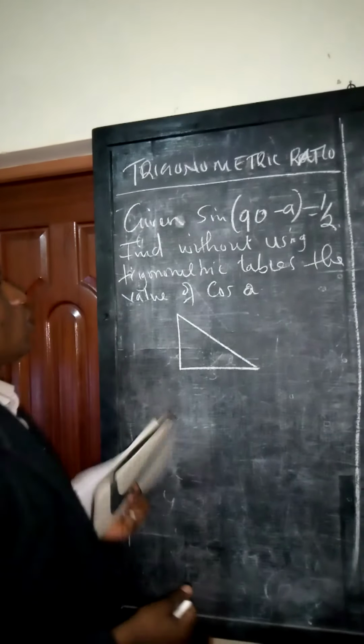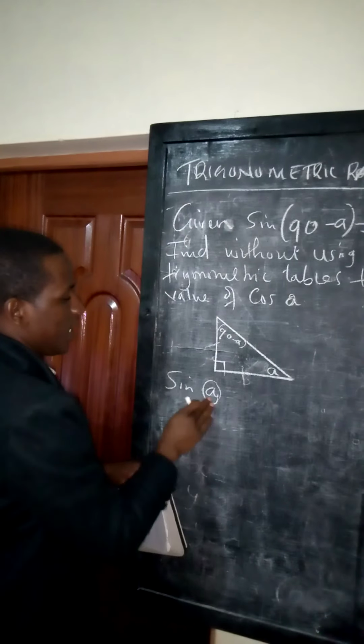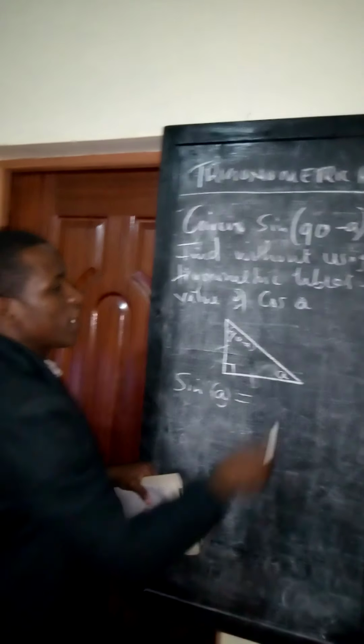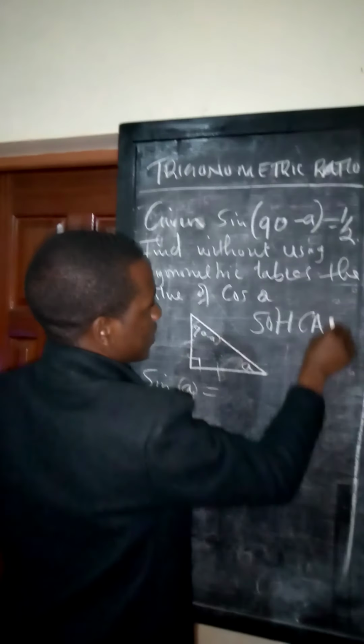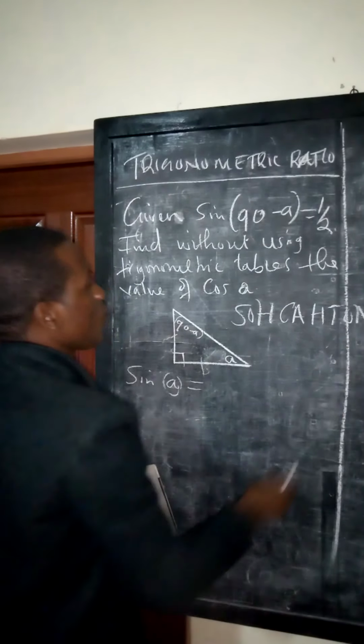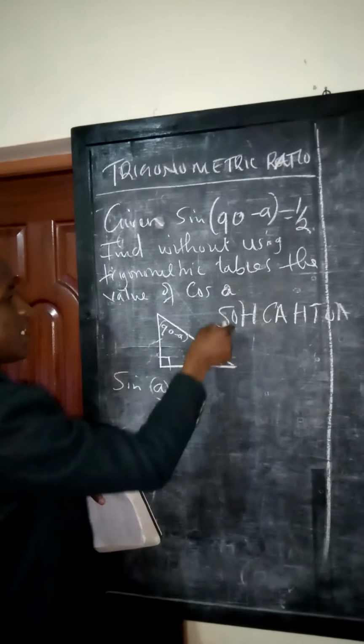If this is our A, then this one is our 90 minus A. If this is angle A, this is angle 90 minus A. Therefore, using this one, what is sin A? Remember the rule that we've used previously, that is SOHCAHTOA, which means sin theta is equal to opposite over hypotenuse.